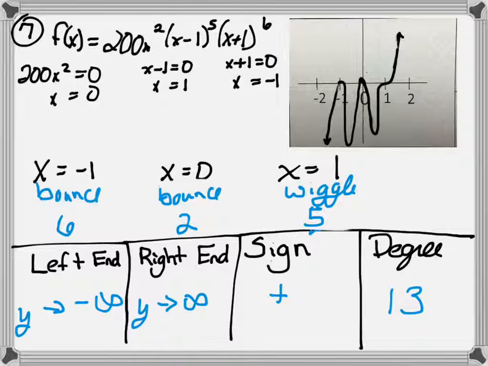If you circled wiggle, what was your exponent? 3 or higher. Odd. Why 3 or higher? What is a 1?